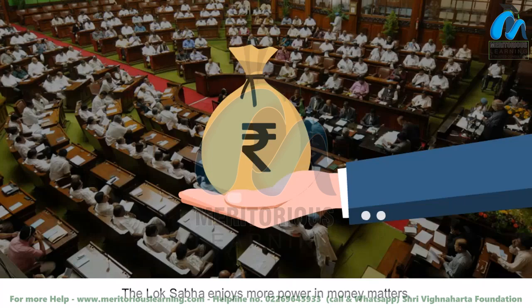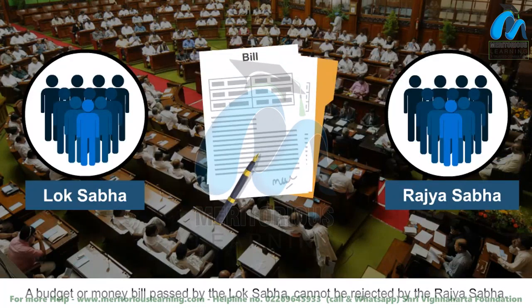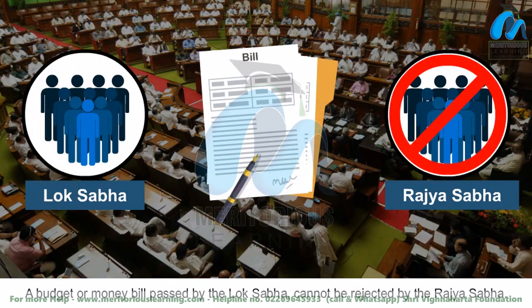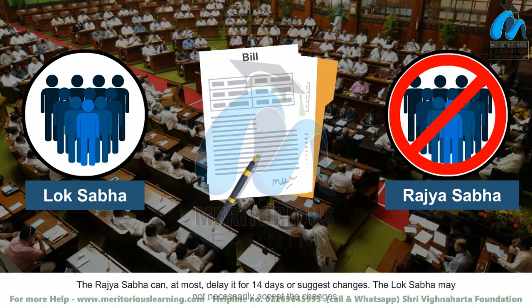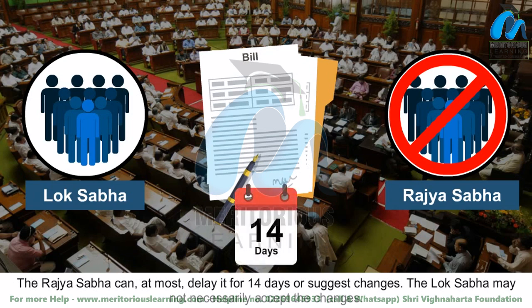The Lok Sabha enjoys more power in money matters. A budget or money bill passed by the Lok Sabha cannot be rejected by the Rajya Sabha. The Rajya Sabha can, at most, delay it for 14 days or suggest changes. The Lok Sabha may not necessarily accept the changes.